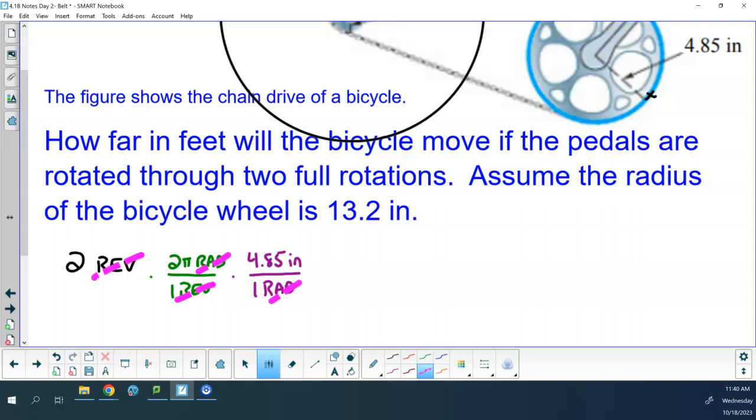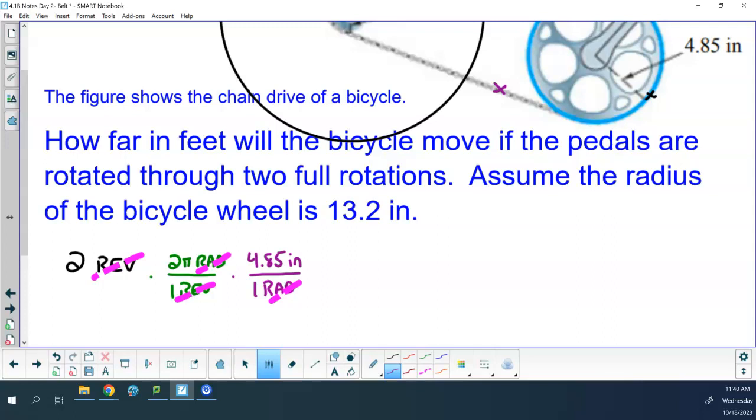On the chain, right? Okay, so we're on the chain now. So that tells us how many inches the chain has moved.